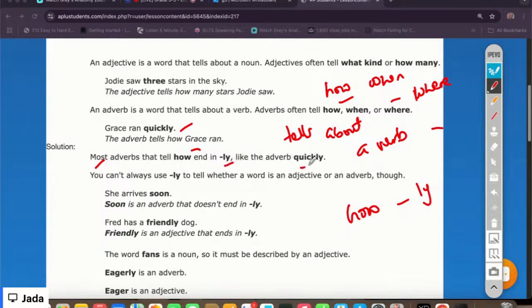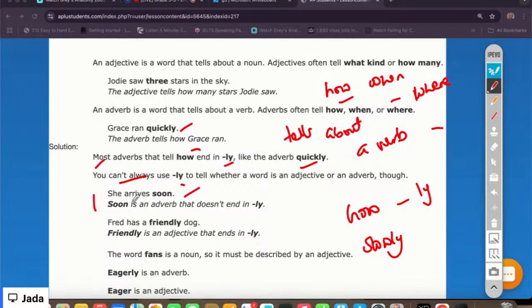So like the adverb quickly, it could also be slowly. You can't always use ly to tell whether a word is an adjective or an adverb. You cannot always say that most adverbs end with ly, so it is an adverb. No, sometimes it changes. Okay, so: she arrives soon. Soon is an adverb that doesn't end with ly.